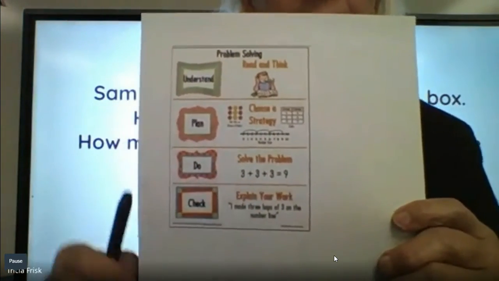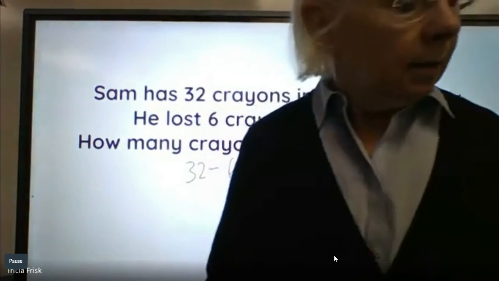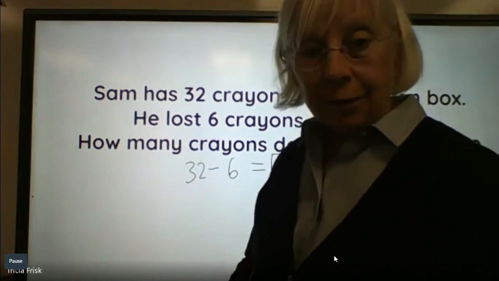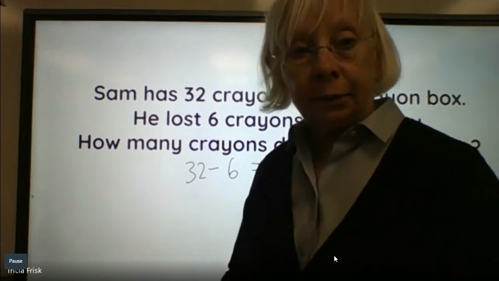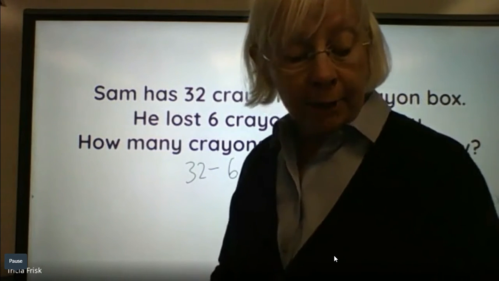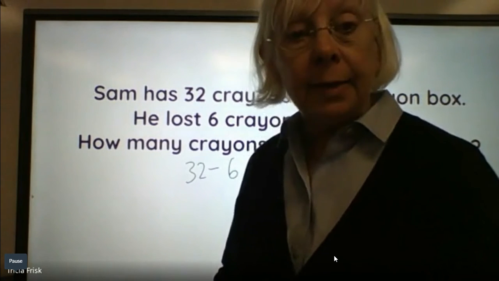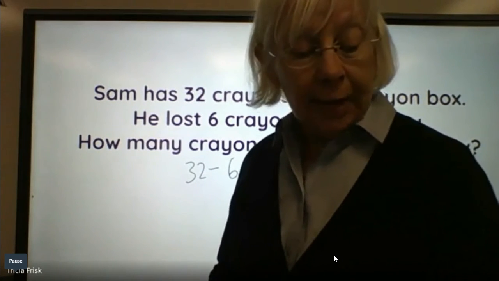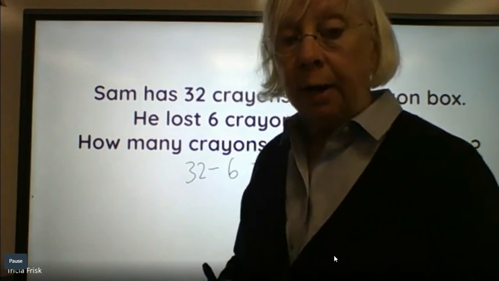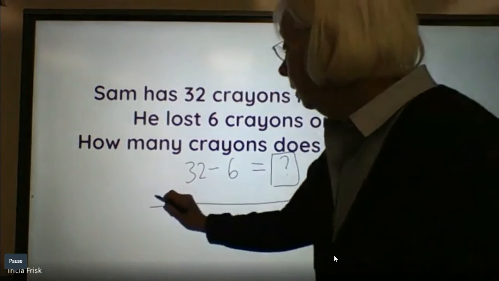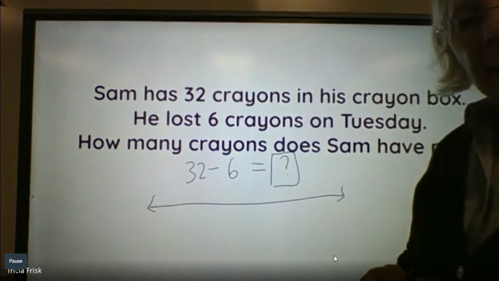My next step says to plan. When I plan, I choose a strategy. So your second graders are learning lots of strategies to add and subtract. One strategy we've been working really hard on is the number line. So they know how to draw a number line. It might look like this.